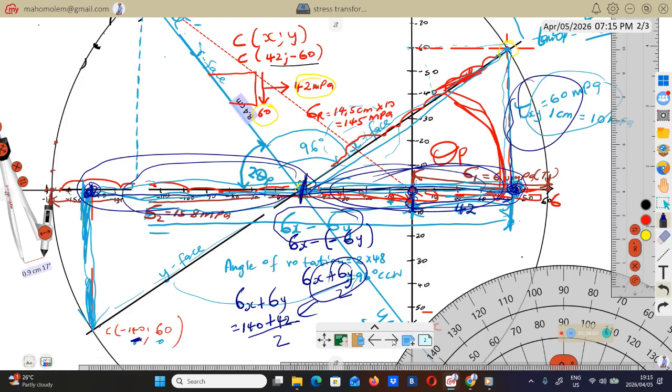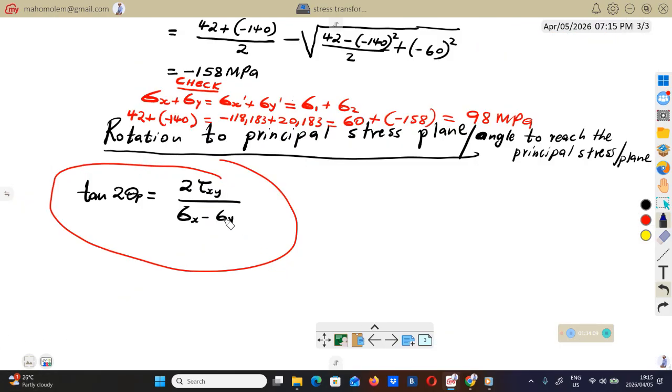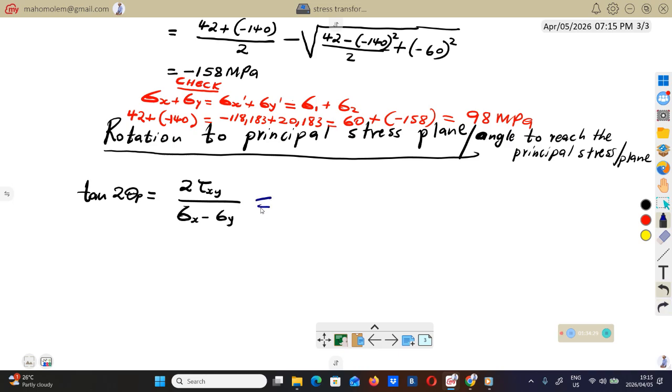To get theta p, we use this formula. This 2 here is actually that adjacent side I've just shown. So you substitute: shear stress is negative 60.